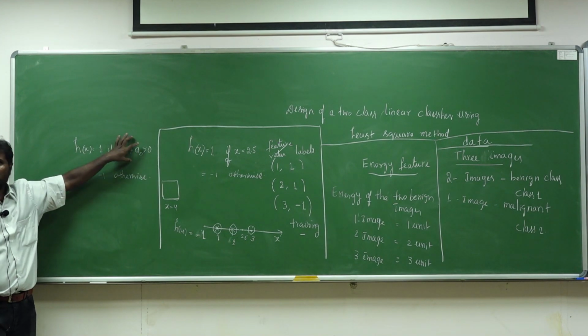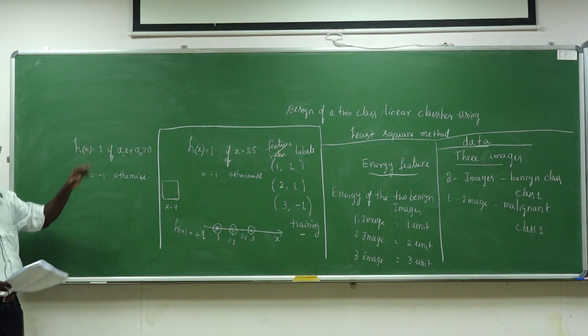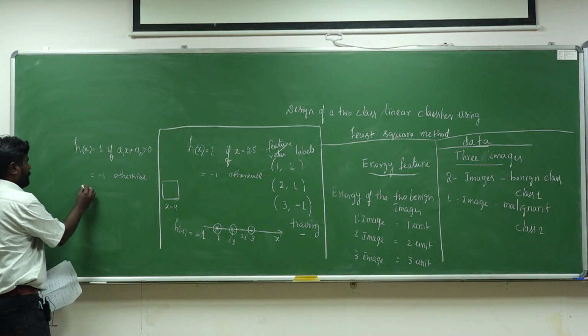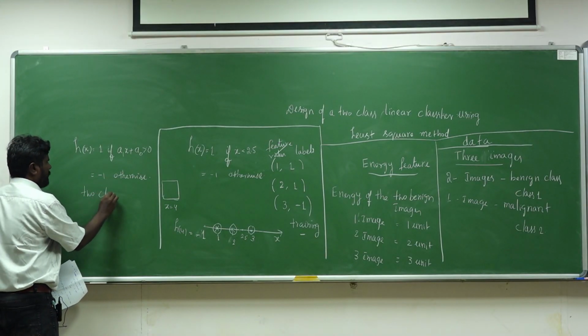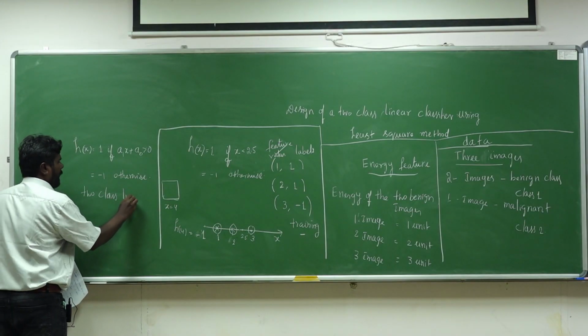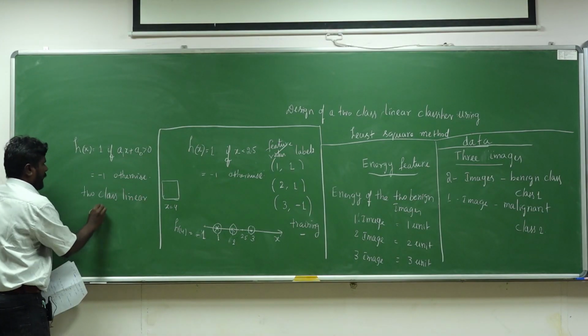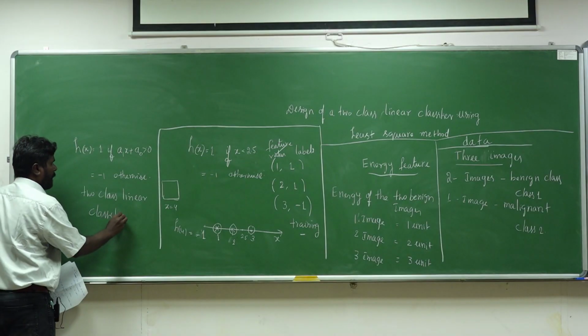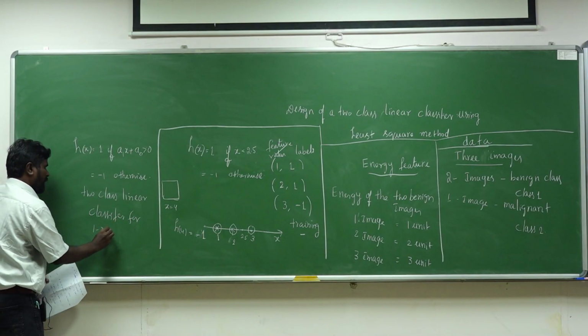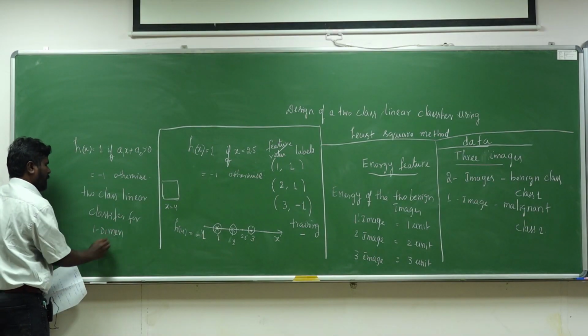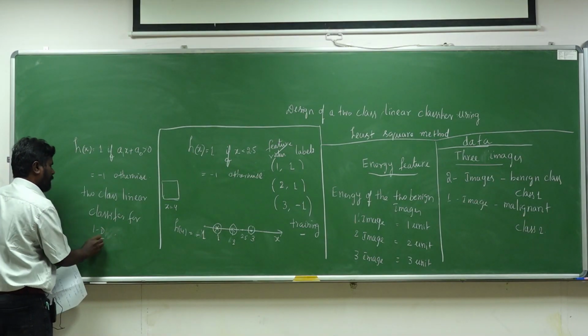So this is the definition that you see for the two-class linear classifier for one-dimensional space, 1D.